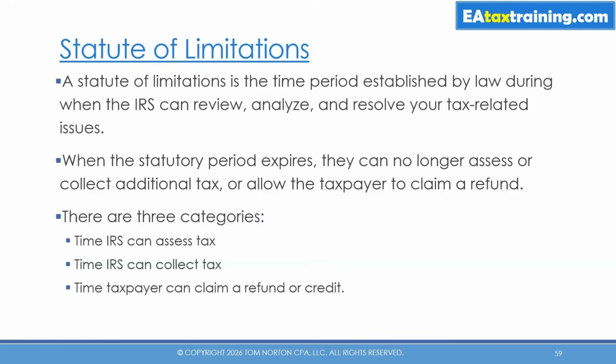So it works both ways. There is a statute of limitations that the IRS has to assess or collect tax, but there's also a statute of limitations that you as a taxpayer have in order to claim a refund. So there are three categories: the time that the IRS can assess tax, the time that the IRS can collect tax, and the time that the taxpayer has to claim a refund or credit.